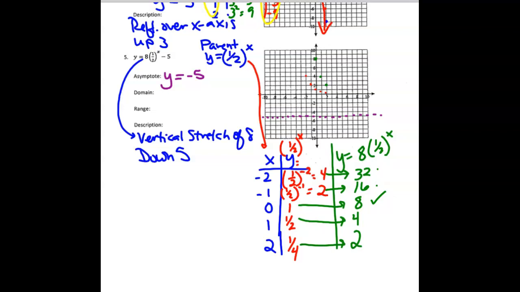All right, so my 8 is going to land at 3. 4 down 5 is going to be at -1. 2 down 5 puts me at -3. And I know that I'm curving down and approaching that horizontal asymptote. Again, we should be staying just above it.